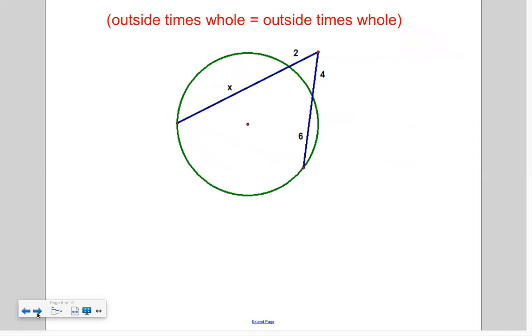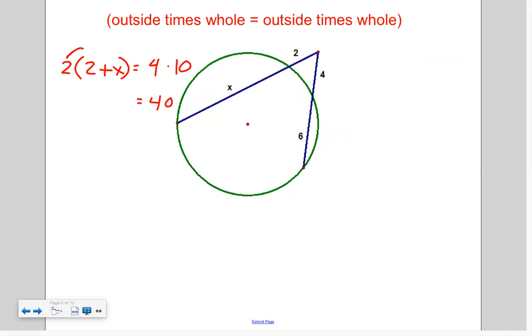Okay, here's one. It's very similar. Wow, I feel like my screen is flashing. Let's do the top part here. So we've got 2 times 2 plus X equals 4 times, I'm going to go ahead and do the addition, 4 plus 6 is 10. 4 times 10 is 40.